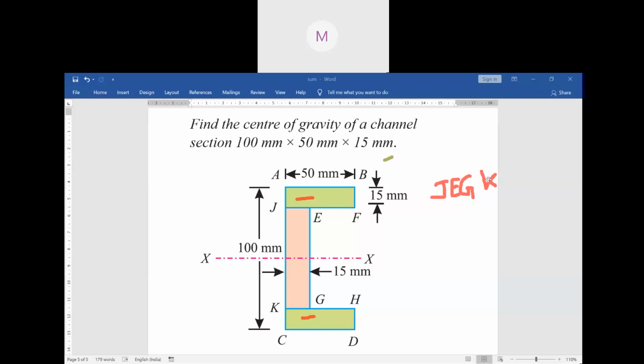So we'll discuss it tomorrow. If you are not able to, just try it out. And after that, I'll give you the PDF.